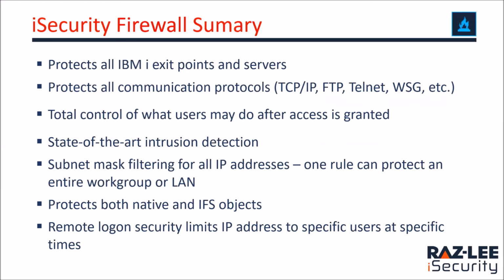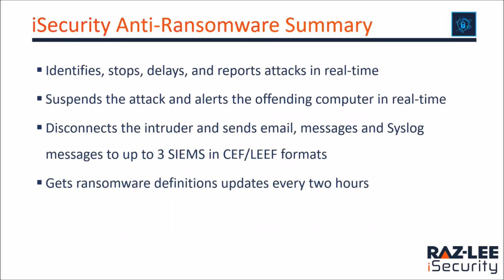And then there is the firewall, which will protect the exit points on the server and all the communication protocols, and what the users can do after access is granted. So we are protecting native and IFS objects, and we are protecting from remote logon because we can manage which IP addresses are able to enter and which are not.